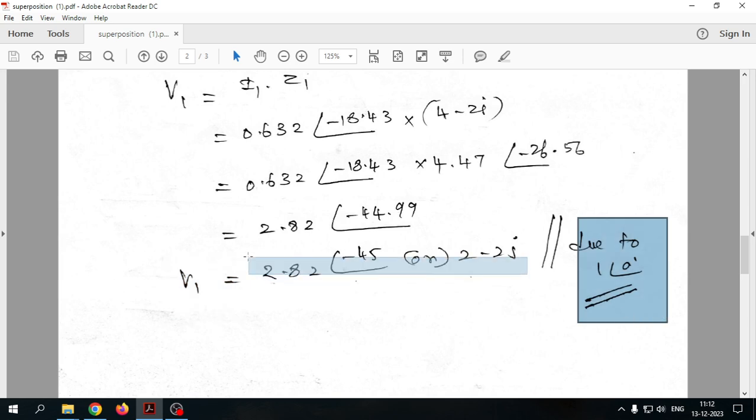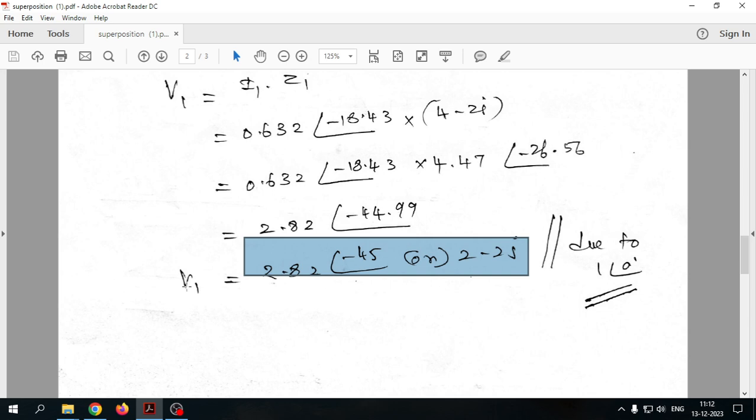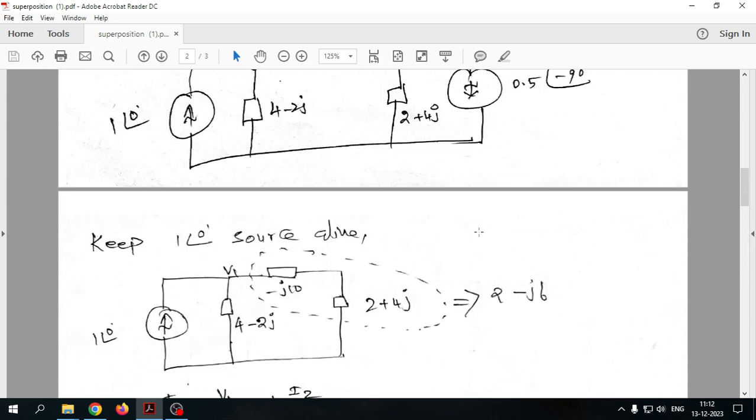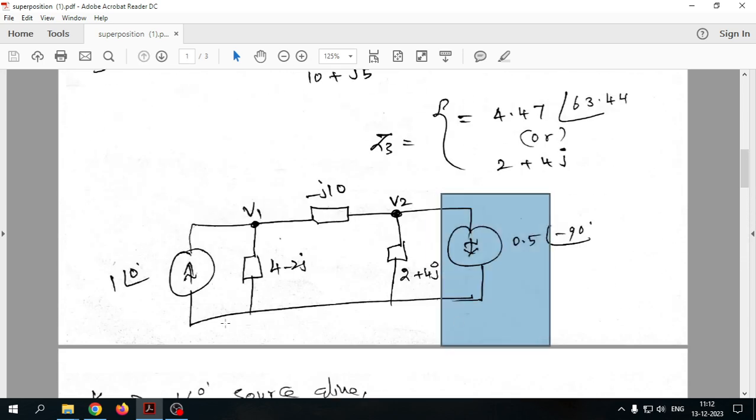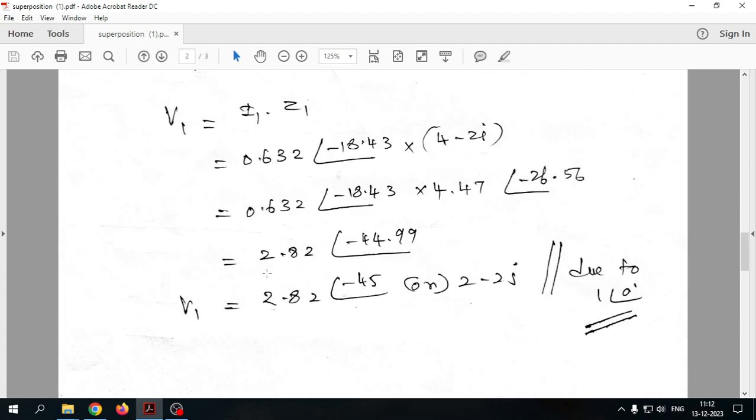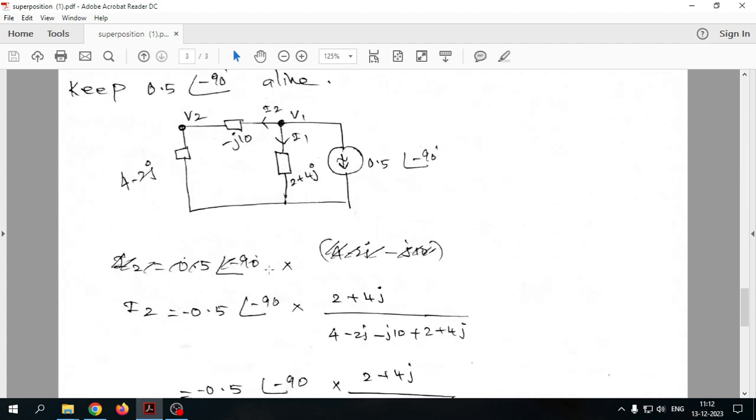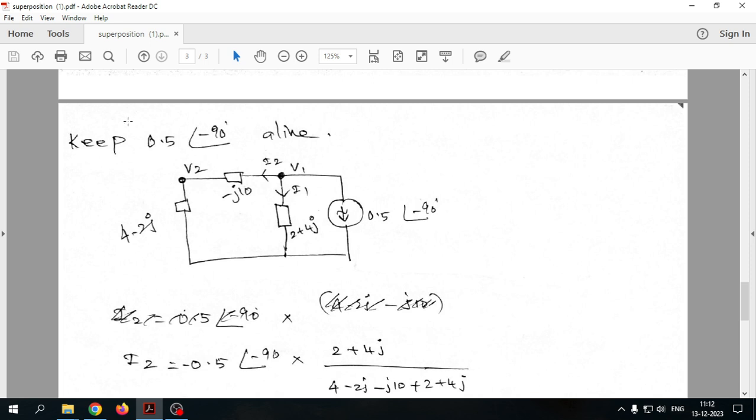In a similar way, we need to find V1 by keeping the second source alone, by removing the first source. That is on the third page. The notable point is that you can see the arrow mark is going down.